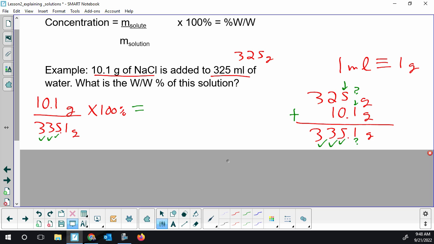In this case, it's the ones place that's common to both. So that was the last digit I would count as a significant one. Okay? But again, you always leave them all in your calculator till the end. So grams over grams cancel, and I get 3.01%, and this is a weight to weight.